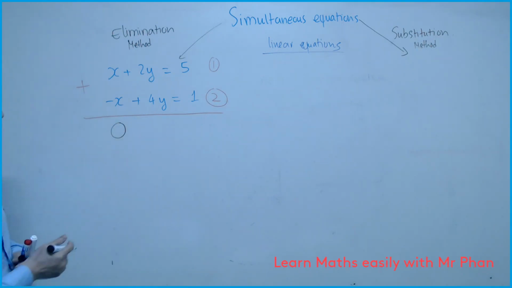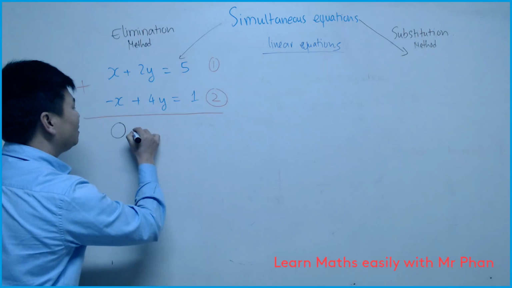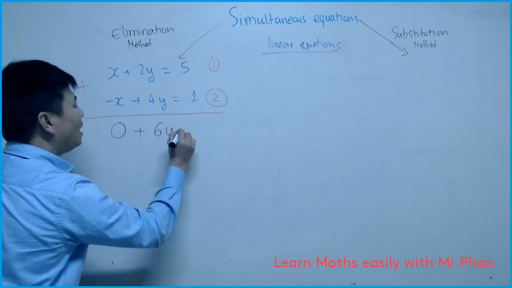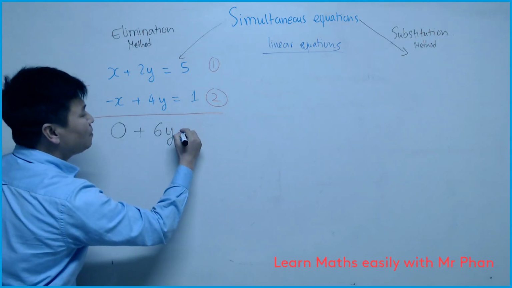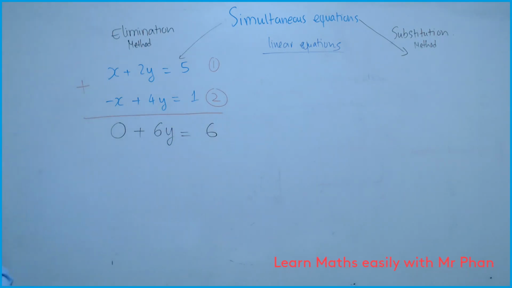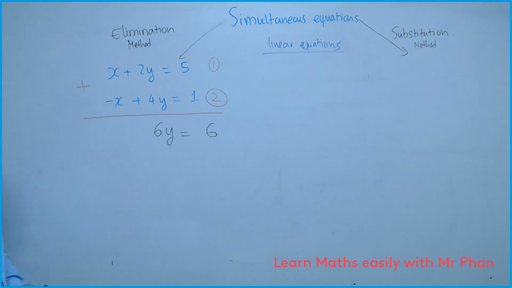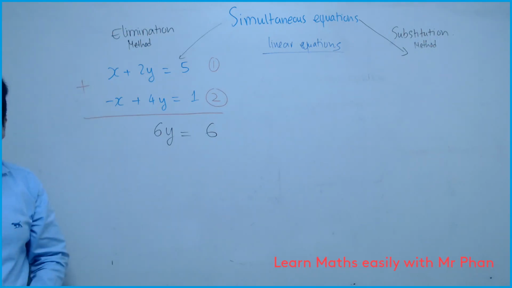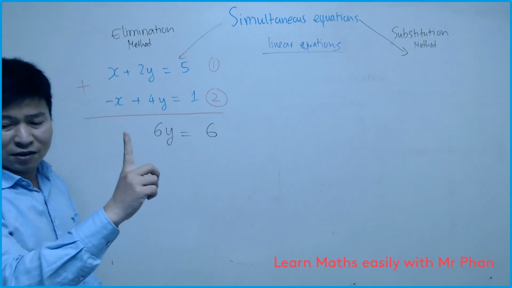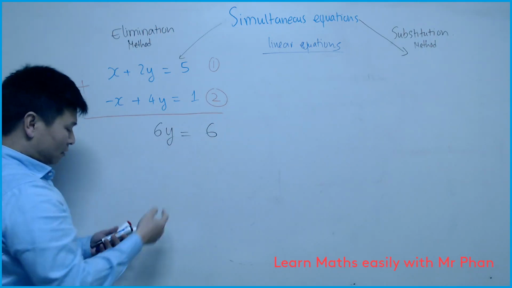And then 2y plus 4y equals 6y, and 5 plus 1 gives me 6. So from two equations, I reduce to only one equation, which is 6y equals 6.